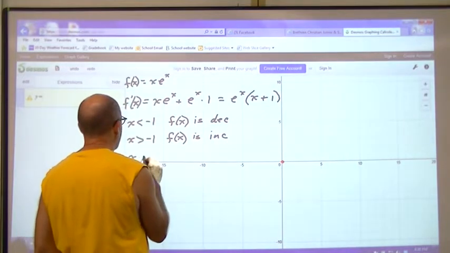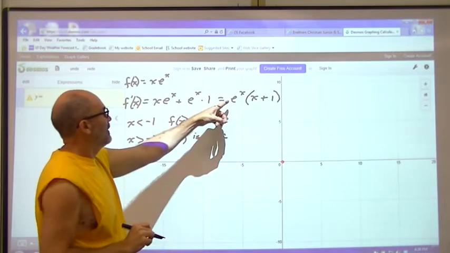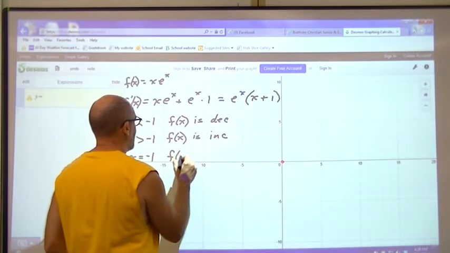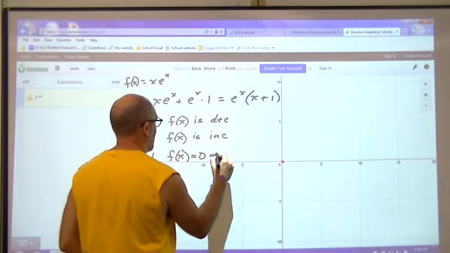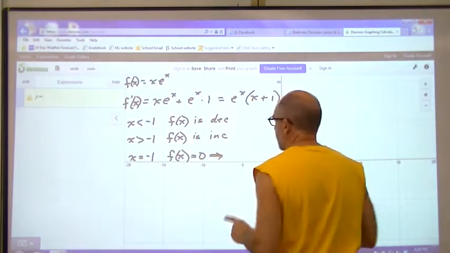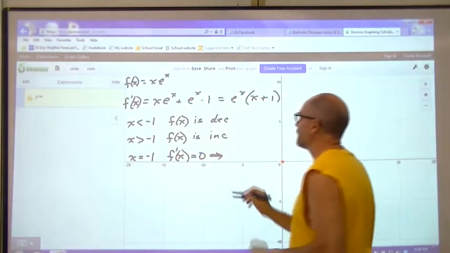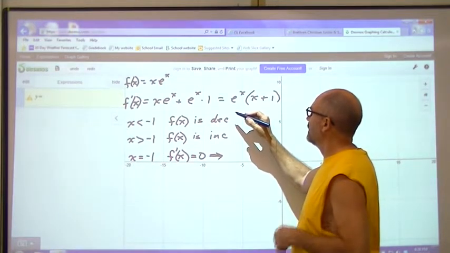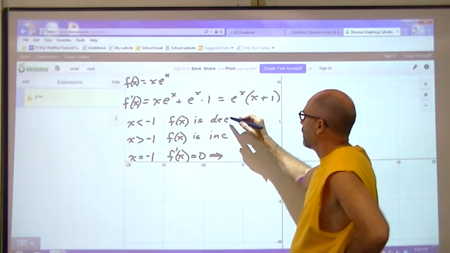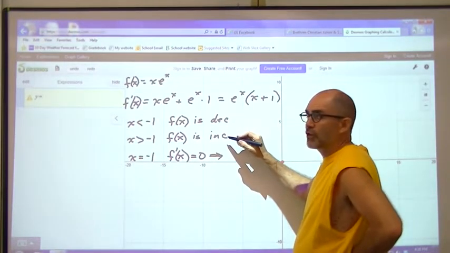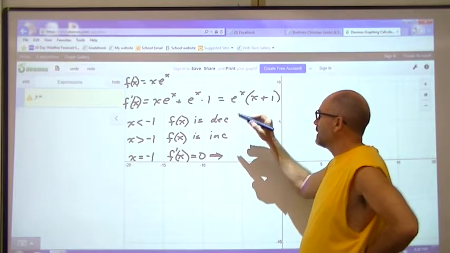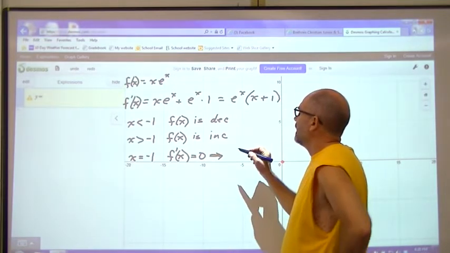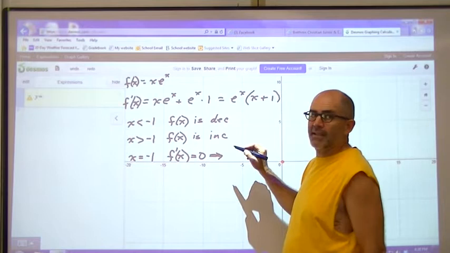So that means for x equals negative 1, the first derivative equals 0. So if the first derivative equals 0, and the function is decreasing beforehand and increasing afterward, that means your x equals negative 1 is a relative max or relative min.